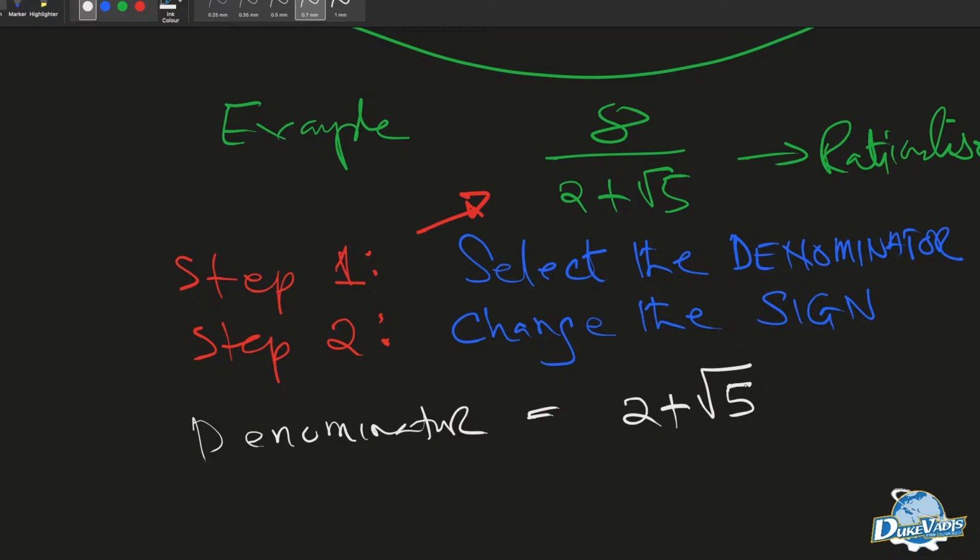And step 2, this is step 1. Step 2 says change the sign. So our sign is going to be 2 minus root 5. Because see, over here we had plus. So we will change it, it becomes 2 minus root 5.